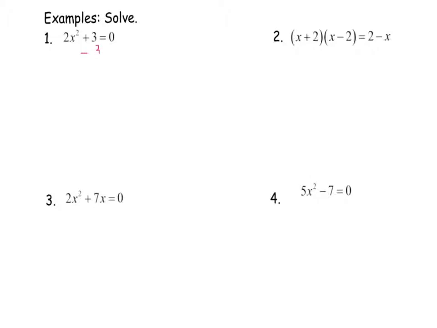So first I'm going to subtract 3 from both sides and get 2x squared equals negative 3. Then I will divide both sides by 2. So x squared will equal negative 3 over 2. Then I take the square root of both sides, and since I have a negative number under the square root, I'm going to end up with an imaginary number.